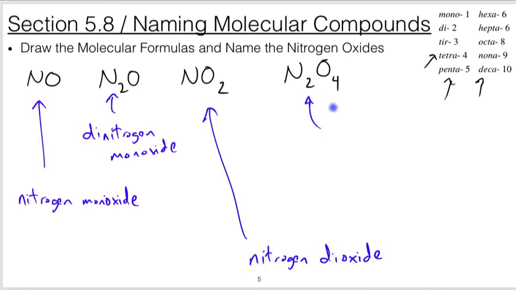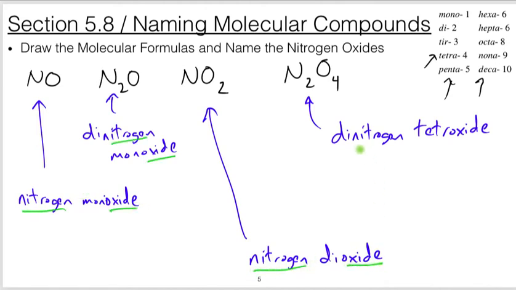And now this one is dinitrogen tetroxide. So what are some of the patterns? Well, one pattern, just a repeat of what I was saying a minute ago. First element, element's name. Second element, we use that IDE name for it.